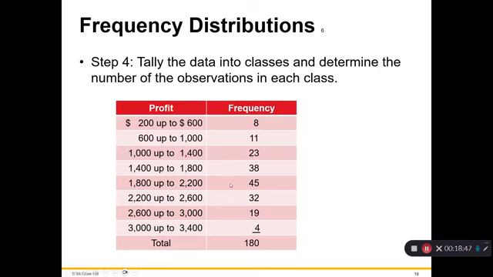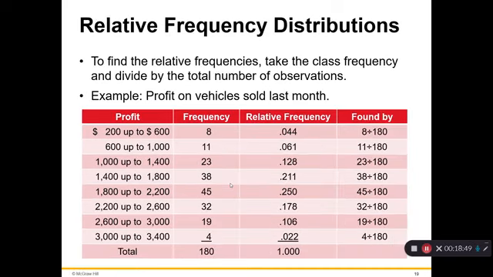Okay, so we found the frequency. Now we can find the relative frequency using the same procedure we used before. So 8 divided by 180, then 11 divided by 180, 23 divided by 180, and it gives you the relative frequency numbers in this column here.